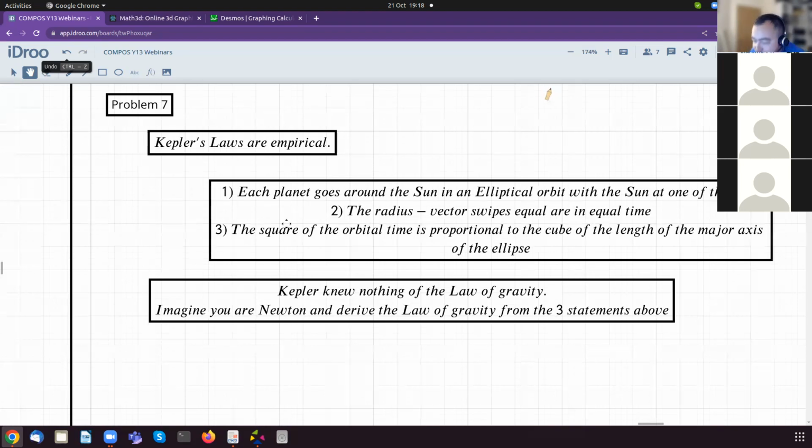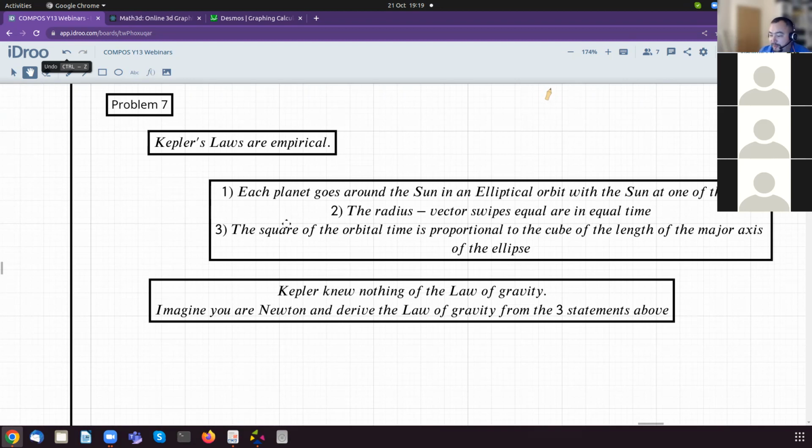They looked at the position of planets, and they were making notes. They were collecting data, and Kepler analyzed this data. And he found 3 laws, which were purely empirical, just by looking at the dots. He figured out that each planet goes in an elliptical orbit.